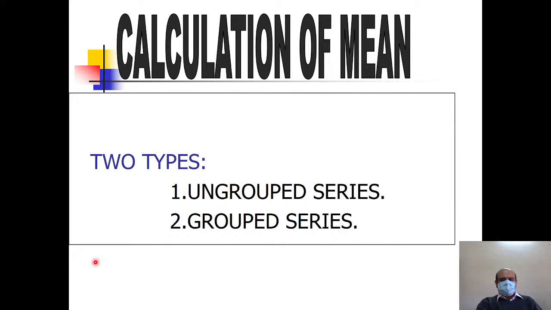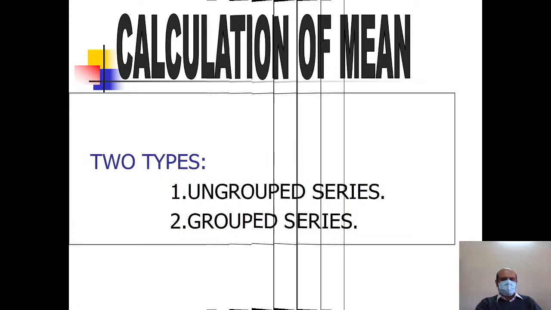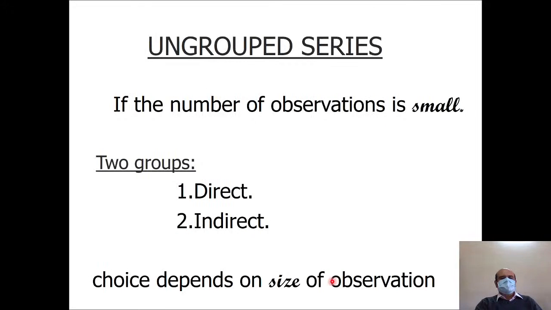Now calculation of mean, again, there are ungrouped series and grouped series. Two ways you can calculate the mean. If the number of observations is small, you take two groups like direct and indirect; the choice depends on the size of observations.